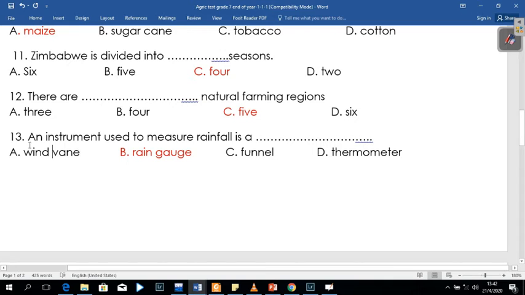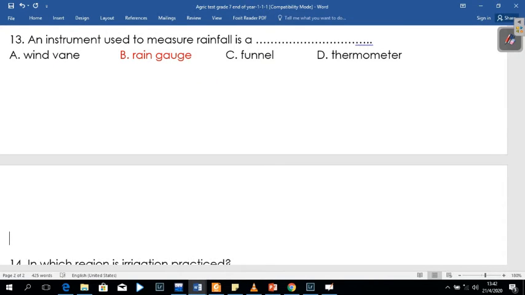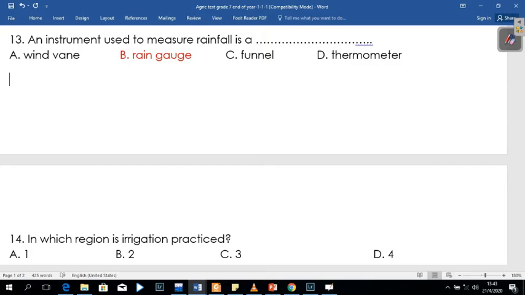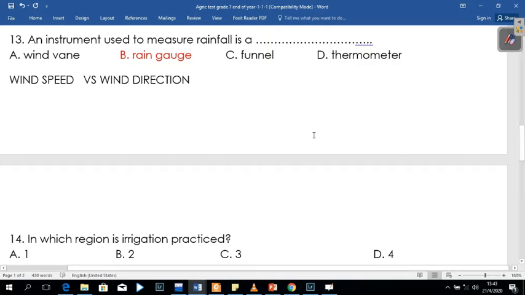You guys must know also the difference between what measures wind speed versus wind direction. Right, wind speed versus wind direction.